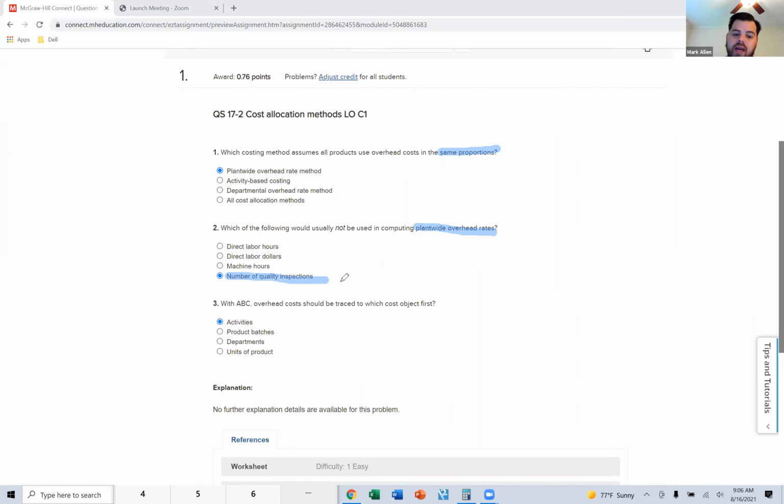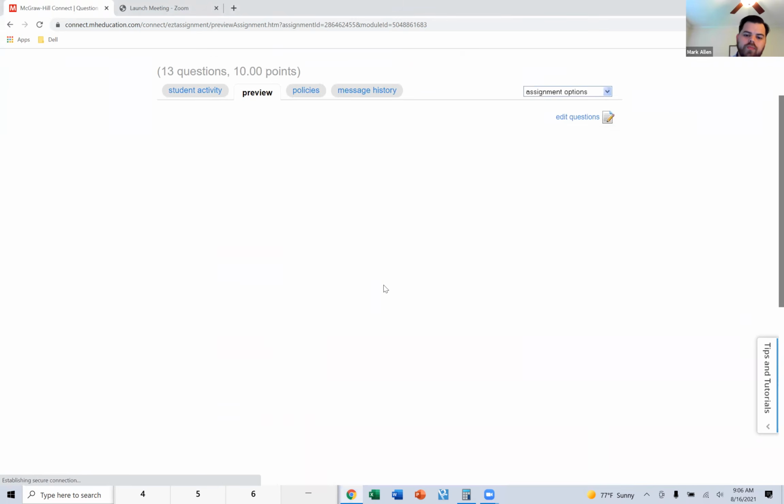And so whenever you see that, or even if you just look at these answer choices, you'll notice only one of them even starts with an A. So hopefully you can kind of use that link, right, to go, okay, all right, this is activity-based costing. The first thing I've got to do is trace these costs to activities. And so that is indeed the correct answer here. And so with that, we'll go ahead and move on to number two.